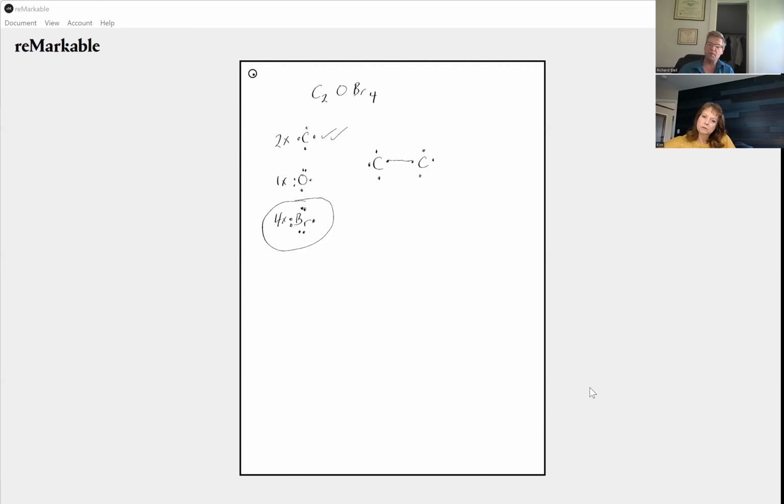Now we're saving the bromine, so we need to add the oxygen. Doesn't matter where we add it, to the left one, to the right one, top, bottom, to the side, because it's just a cartoon. It's all going to be carbon-carbon single bond, carbon-oxygen single bond. So wherever we put it, doesn't matter.